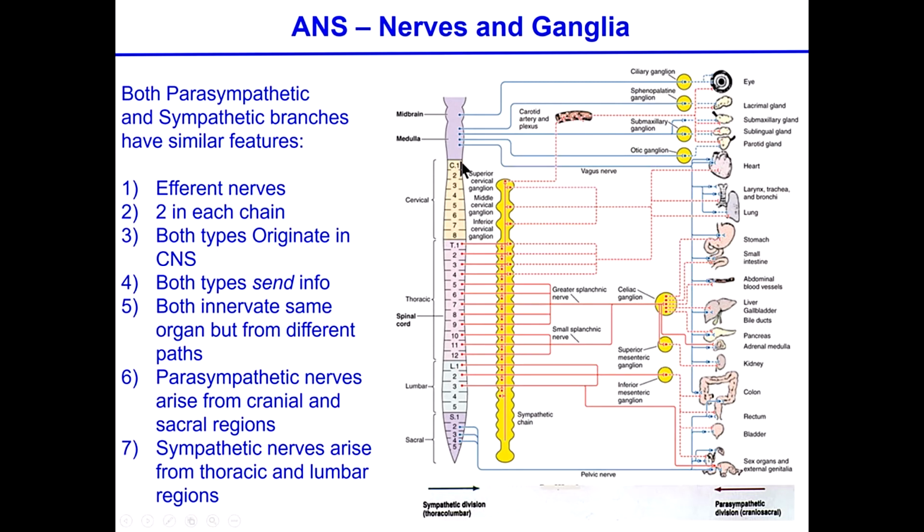So we distinguish in the spinal cord, for this purpose, cervical, thoracic, lumbar, and sacral regions. The sympathetic nerves all derive from and connect with the spinal cord at the level of the thoracic lumbar connection. All these are the efferent nerves.